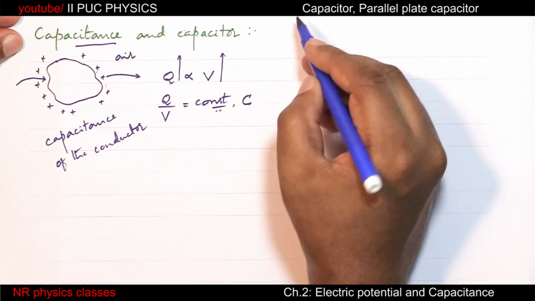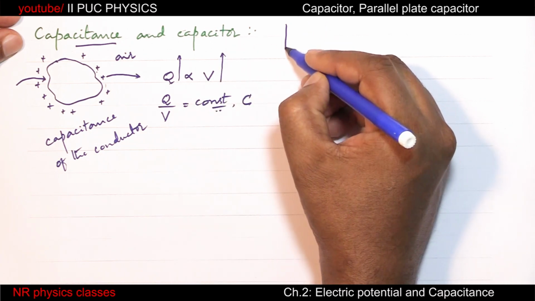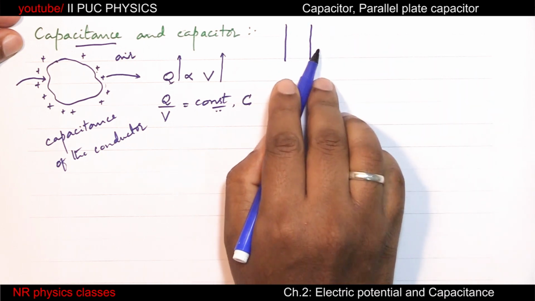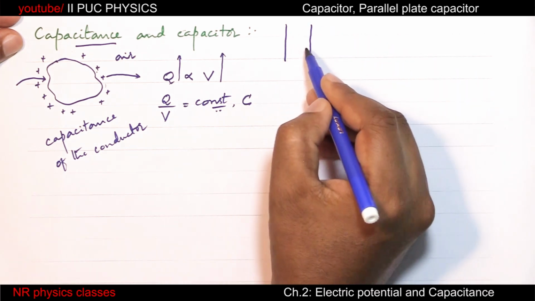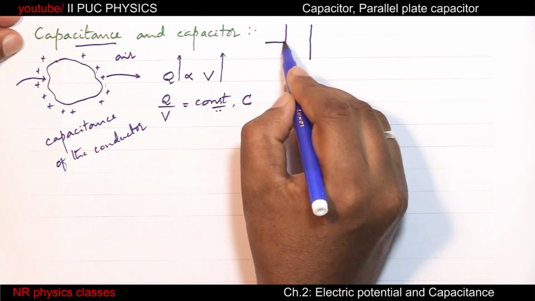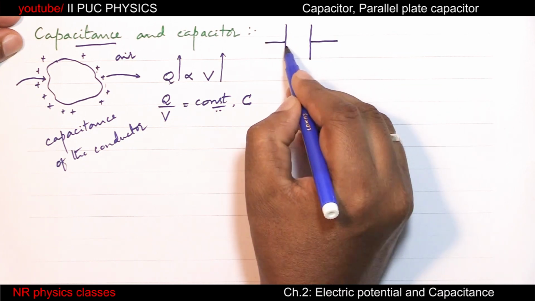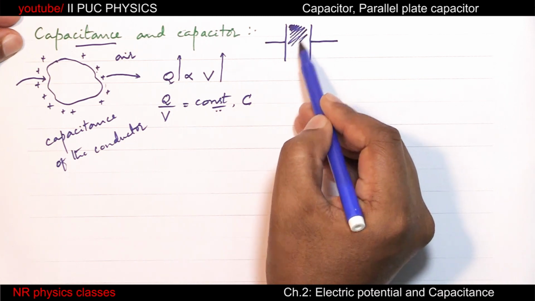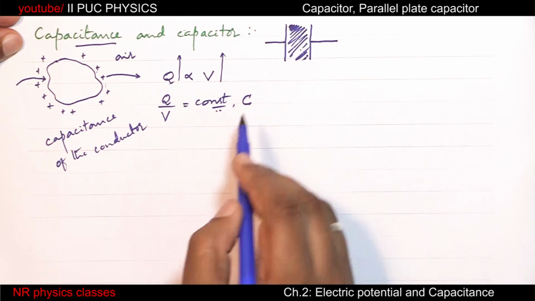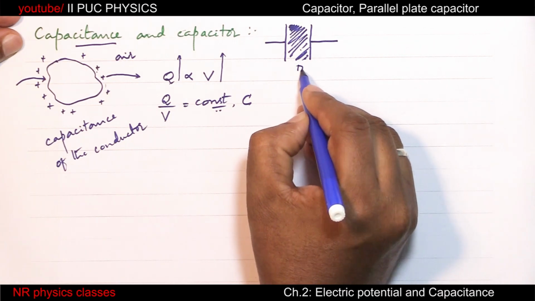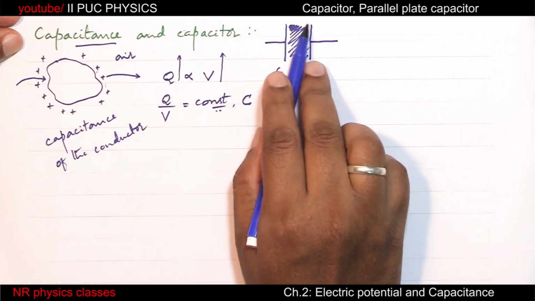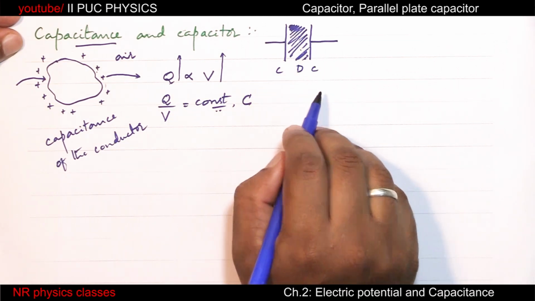A capacitor has two metal sheets which are parallel to each other, then two terminals from those two sheets, and a suitable dielectric medium between the sheets. This is the dielectric medium. So this is dielectric, this is conductor, this is also conductor. So this arrangement is a capacitor.